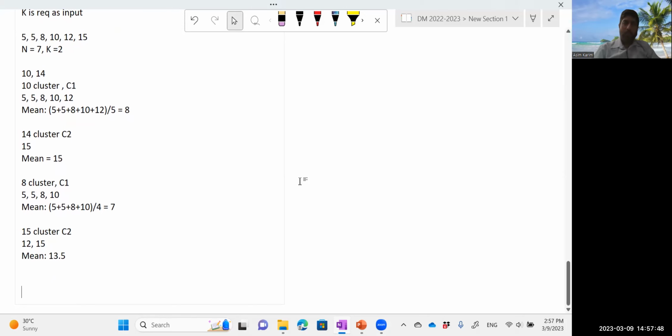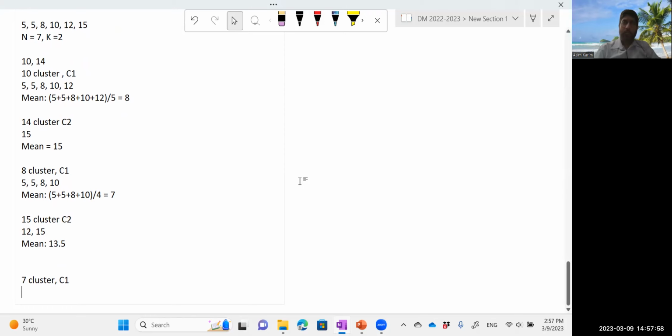ठीक है, so we have now 7 cluster. मतलब 7 मैं इसलिए लिख रहा हूँ to identify the cluster. Remember प्रोटोटाइप है. This is called C1. अब हमारे पास 5 इसके अंदर आएगा, 5 इसके अंदर आएगा, 8 भी इसके अंदर आएगा. Right. 10 और 7, 3 है, और 10 और 13.5, 3.5 है, तो 10 भी इधर ही आ रहा है. ठीक है, 10 भी इधर ही आ रहा है.